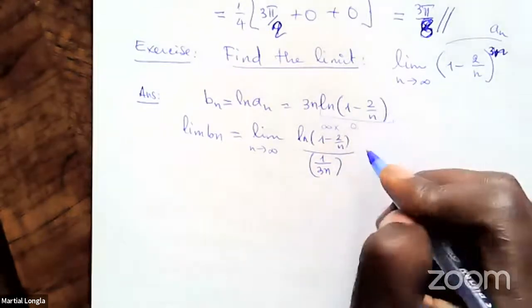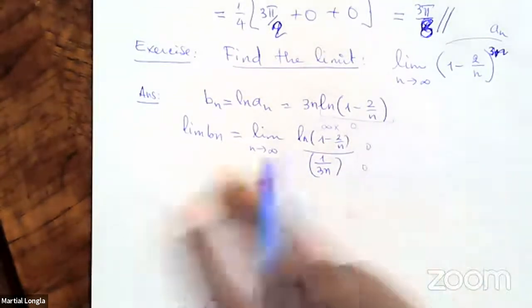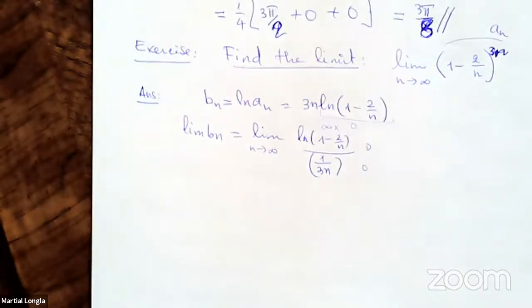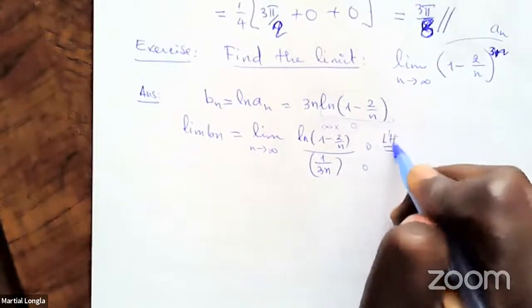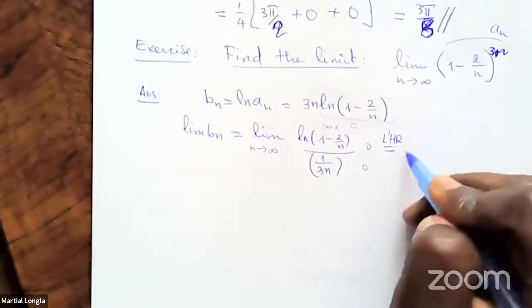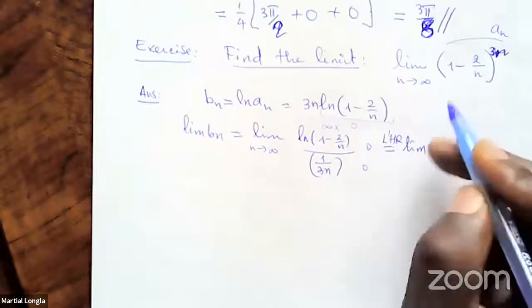Now you have 0 over 0 when you plug in the numbers. And that's where you can do L'Hopital's rule, because you have a ratio of two functions that have the same limit equal to 0.